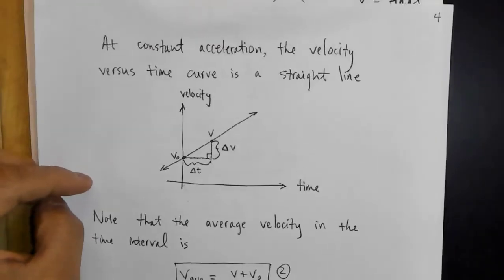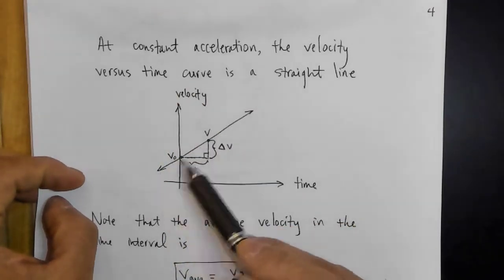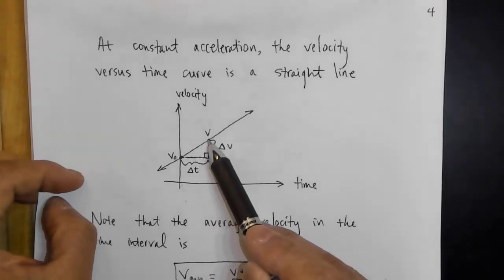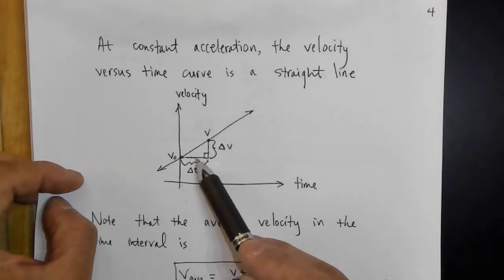If you have constant acceleration, then the velocity versus time is a straight line like this. Here is the final velocity, the value of v here, and this is the initial velocity, v0. This is delta v, this is delta t.